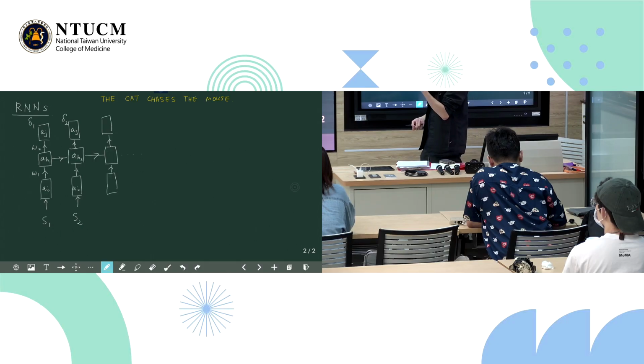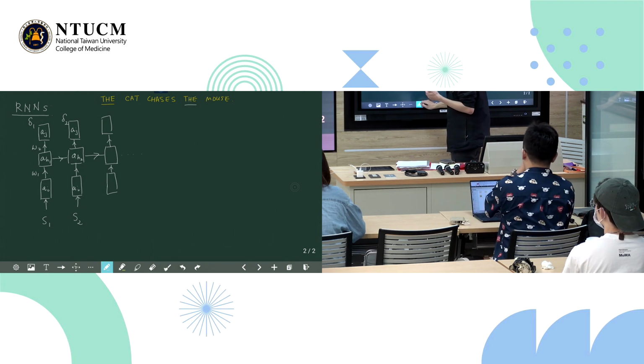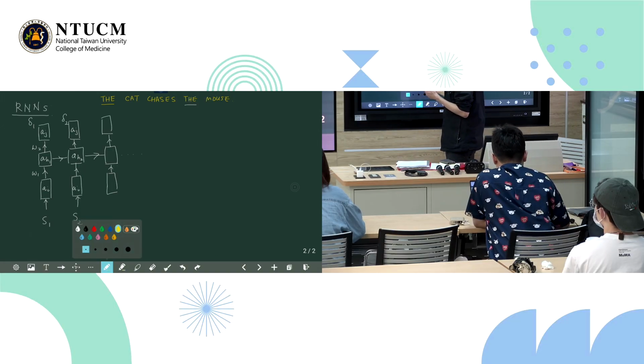And if I give it "chases," "the" again, then "mouse." There's a problem: there are two "the's." How do I know, is this the first one, which would give me "cat," or the second one, which would give me "mouse," right? So there is a little bit of an issue there, but you'll see how it works.